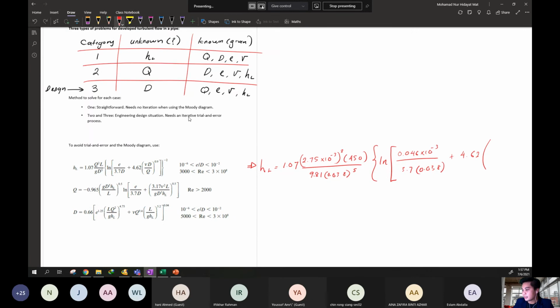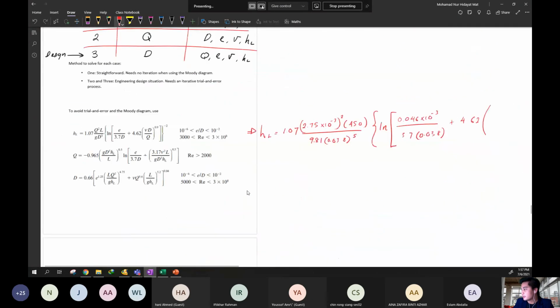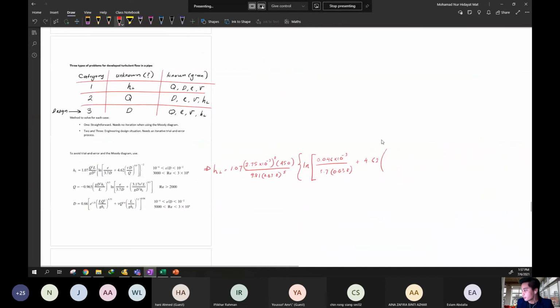Velocity is calculated already, which is 2.43, multiplied by the diameter 0.038, over the flow rate Q again, 2.78 multiplied with 10 to the power of negative 3. Then close bracket, to the power of 0.9.